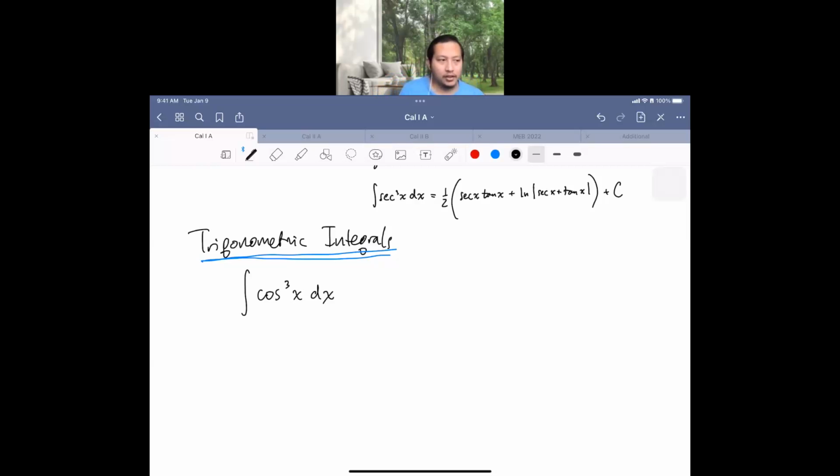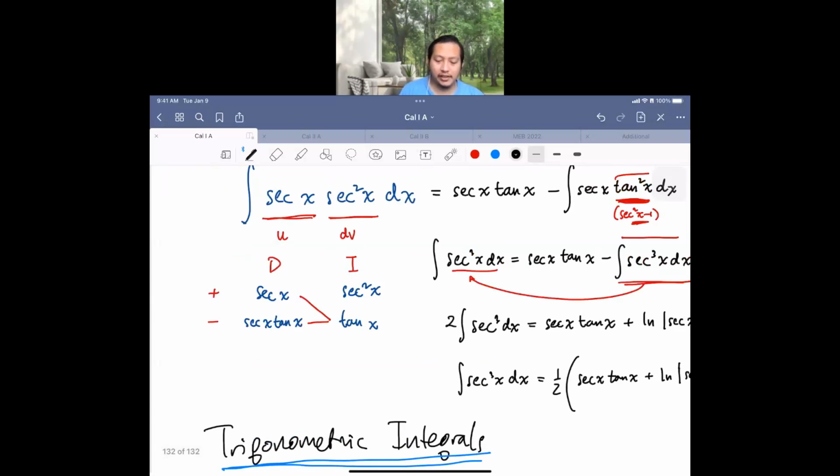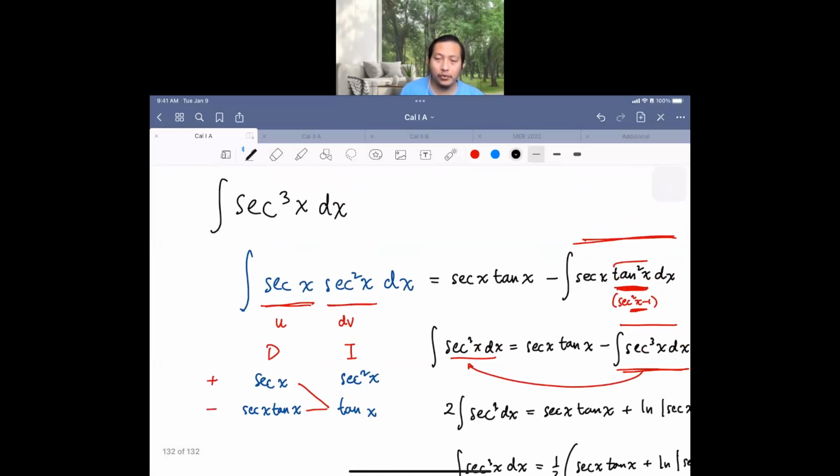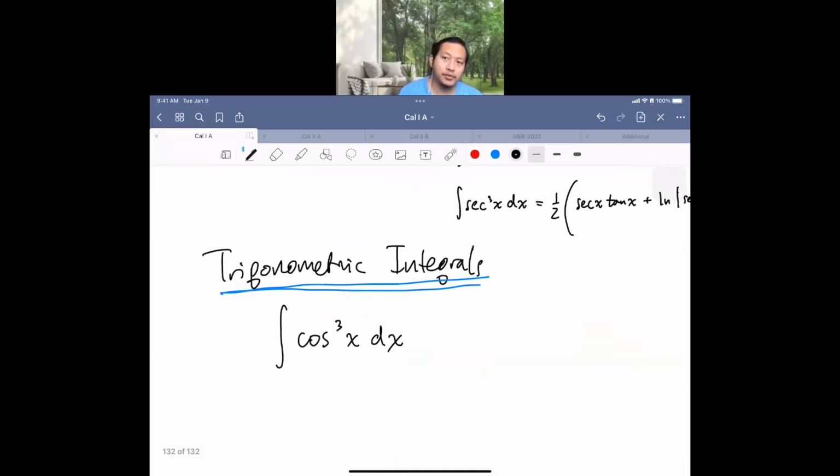Now if we just look at the cosine cube, perhaps the way that we did with secant cube may be helpful. So we separate this cube into squared and linear, right?